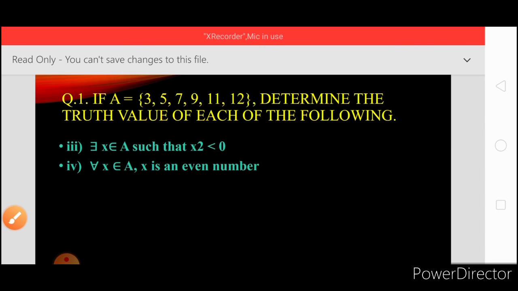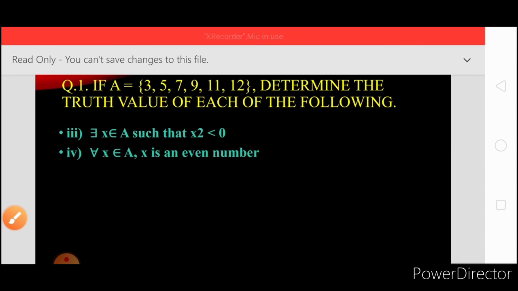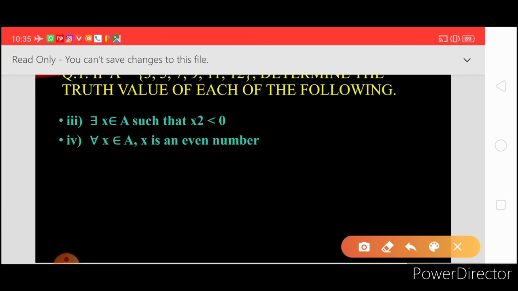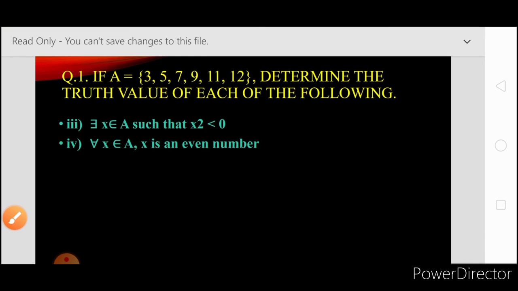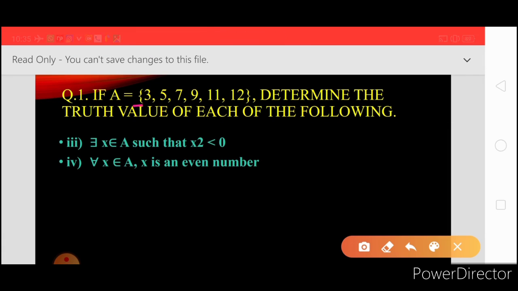Okay, now for the last example, for all x belongs to A, x is an even number, meaning all the elements in that set A are even numbers. So let us check. 3 is not even, 5 is not even, 7 not even, 9 not even, 11 also not even. Here only 12 is an even number.